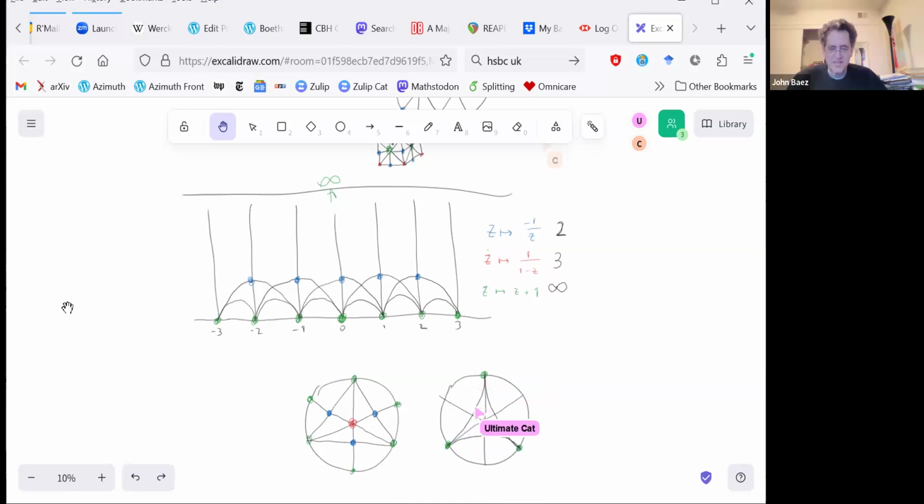I've seen some stuff about SL2Z. So this group that we're drawing fundamental domains of, it's probably a Fuchsian group. But maybe like the mother of all Fuchsian groups. It's probably like SL2. Right, right.